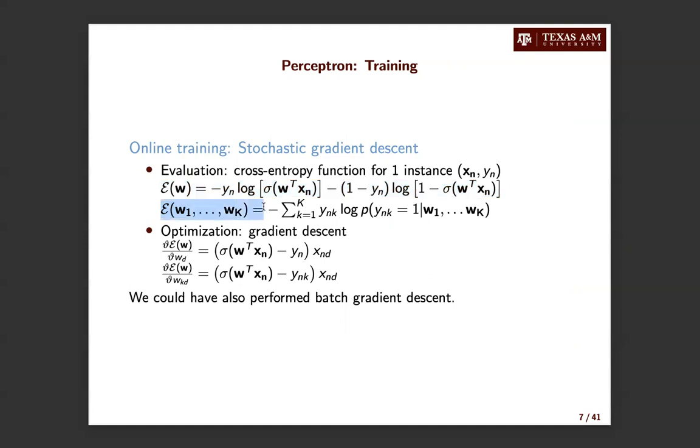And this is the same cross-entropy function for the multi-class logistic regression. So when we perform the optimization through stochastic gradient descent, we update each of the weights of our logistic regression in a way proportional to the input sample multiplied by the error.